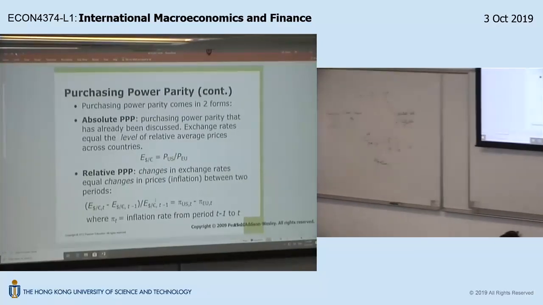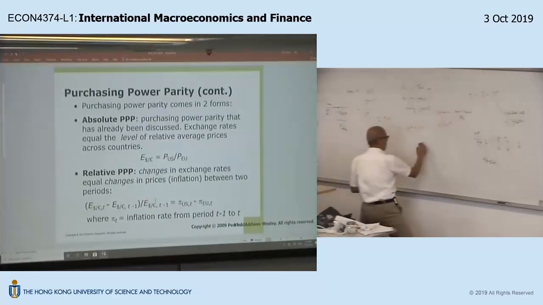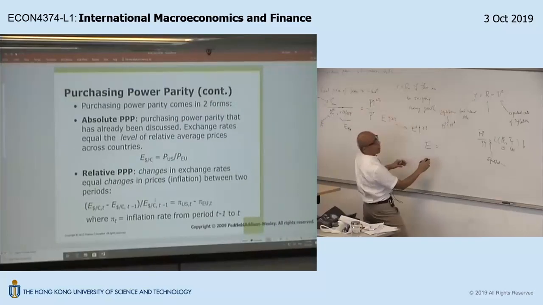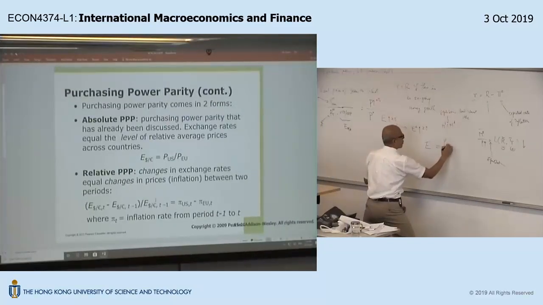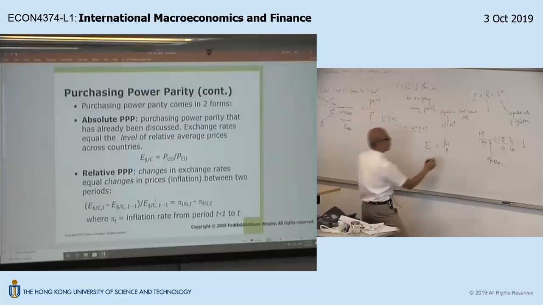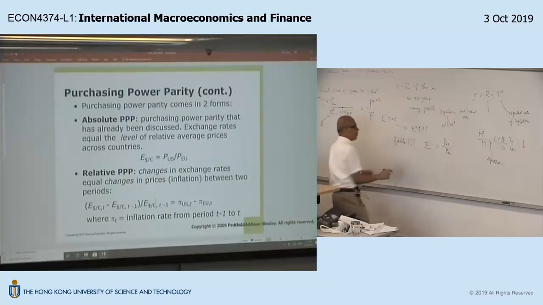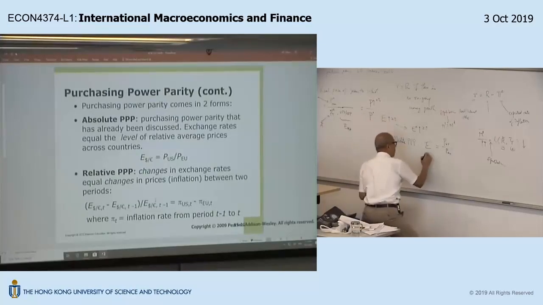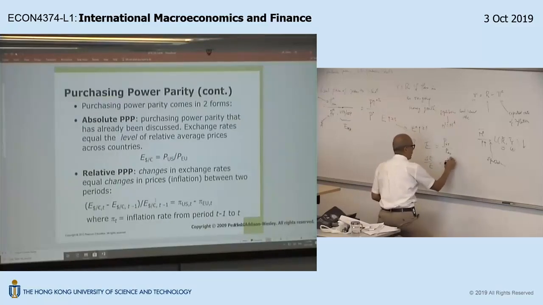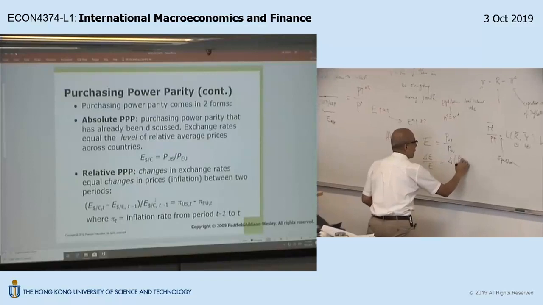You have E equal to P US divided by P EU. This is absolute PPP. But a weak version of PPP would say the percentage change in E is equal to the percentage change in this thing.